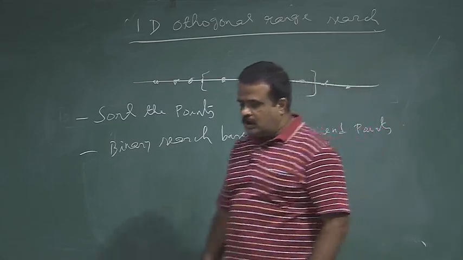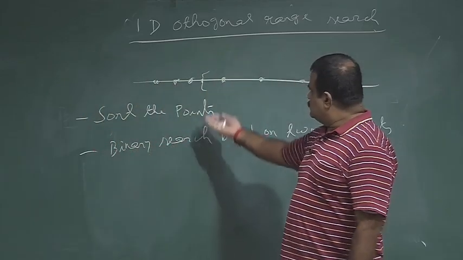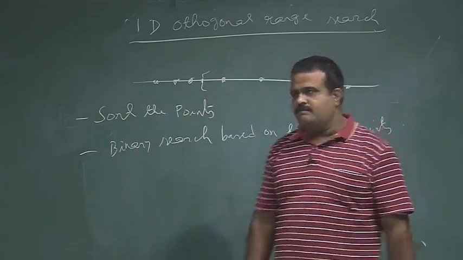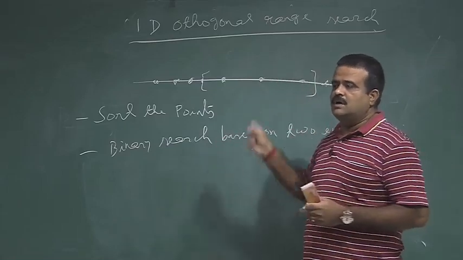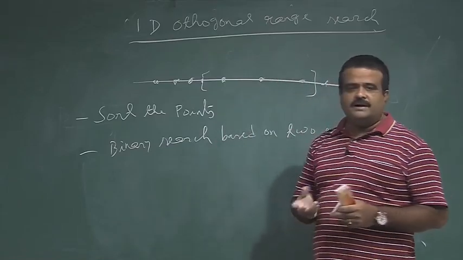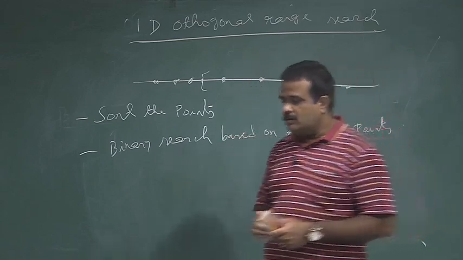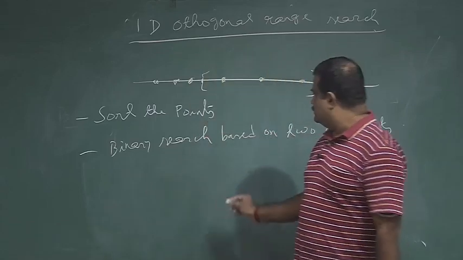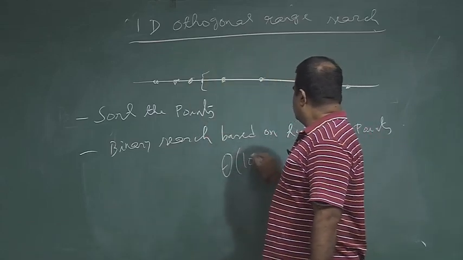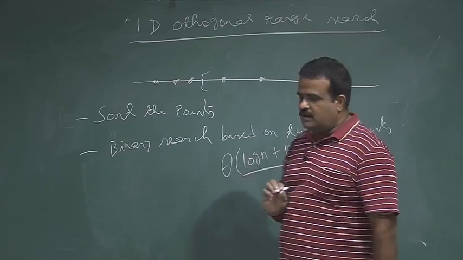So, how much time will it take? Sorting will take n log n time, but if the data is static, that can be done in the preprocessing step. The online step is basically the binary search, which takes log n plus k if we have to report all the points.